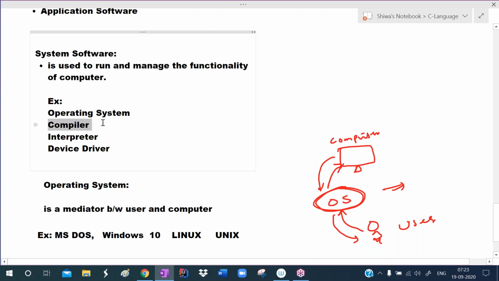Next, I want to talk about the compiler. What is a compiler? A compiler is a translator.